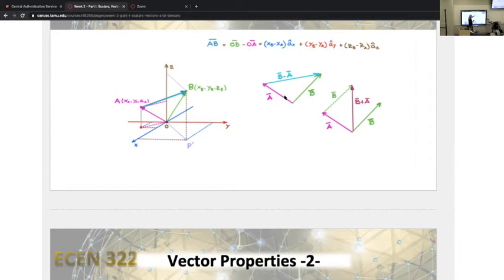The difference, say, I have to subtract A from B. So I will move A from here, but then I have to change its direction. So I'm going to flip it. All right, so instead of going from the end of B in the same direction as the original A, it is going to go from the end of B in the opposite direction.